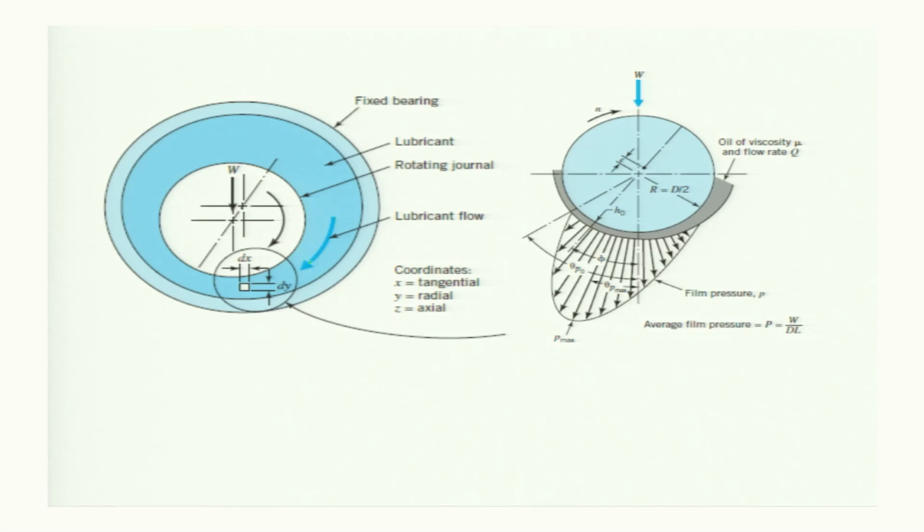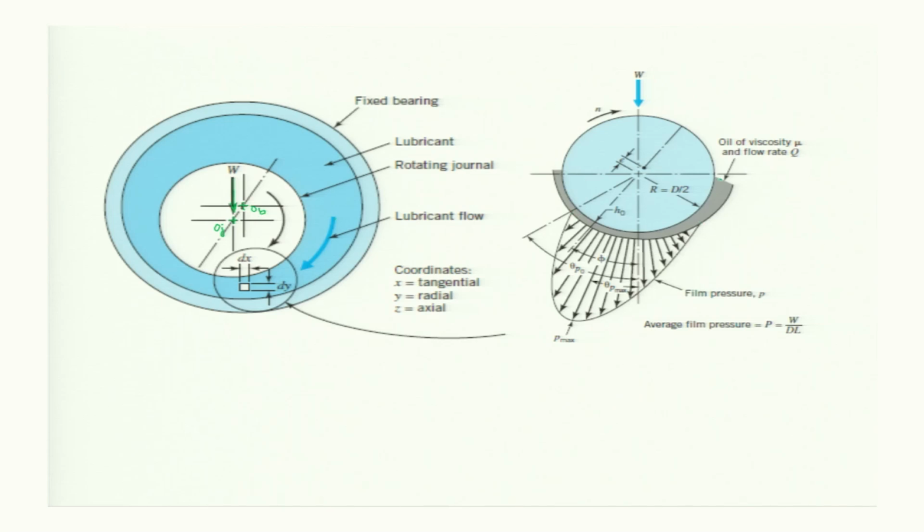Here the lubricant flow is shown: this is the rotating shaft, this is the lubricant, this is the fixed bearing, and the external load is acting along the center of the journal OJ, and this is the center of the bearing OB. And the pressure has developed like this.